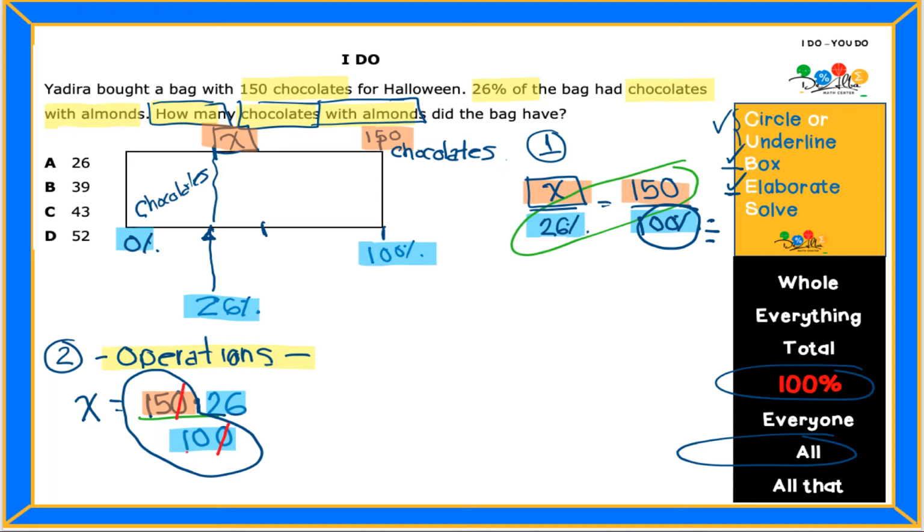Since we are dividing by a power of 10, we can drop the zeros. So this is the same as saying 15 times 26 divided by 10. See how we rewrote our numbers? I'm going to highlight the numbers too, so you can see that this is still equivalent. Remember that in math we can rewrite our numbers to our convenience, so that's what we're doing here.